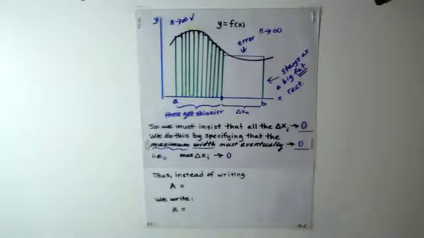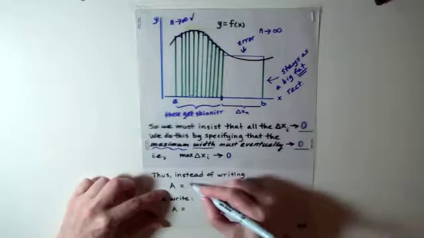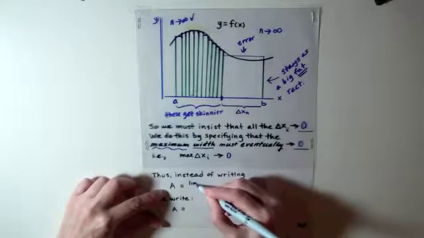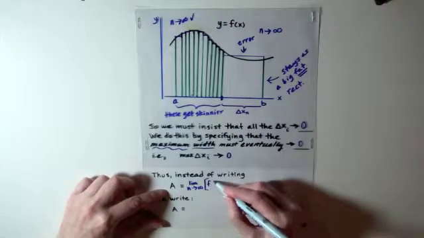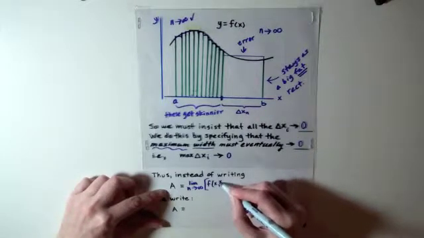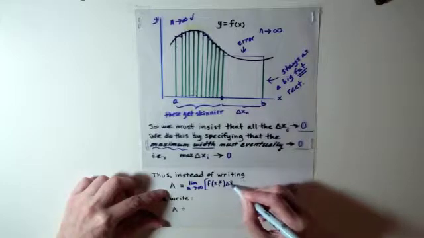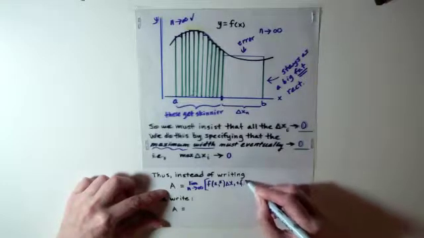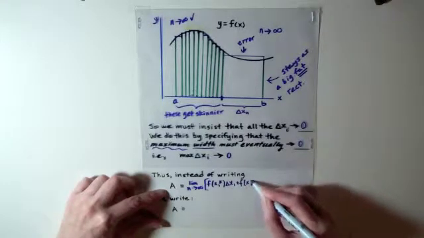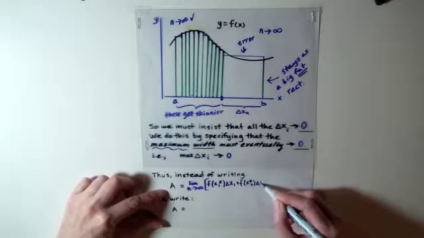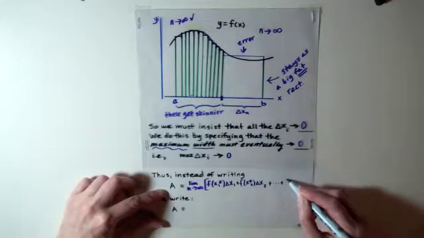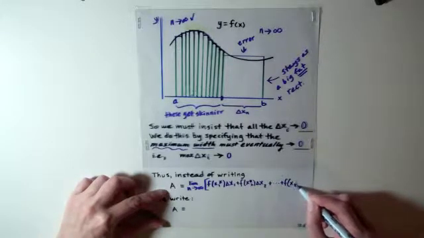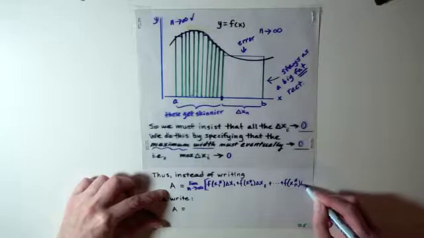So instead of saying that the area is simply the limit as the number of rectangles goes to infinity of this Riemann sum that we talked about, the f of x1 star times delta x1 plus f of x2 star times delta x2 and so on up to f of xn star times delta xn.